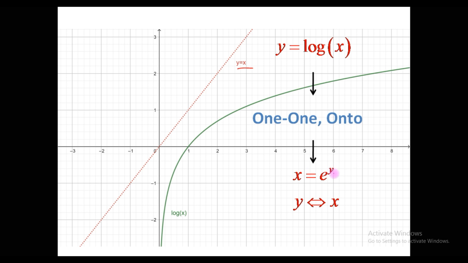Let this part be x now, and this part be y. So the function will become y is equal to e raised to x. That is the graph of it. And you can see that these two graphs are images of each other, taking the line y is equal to x as the mirror.